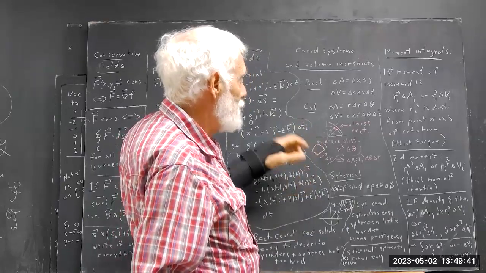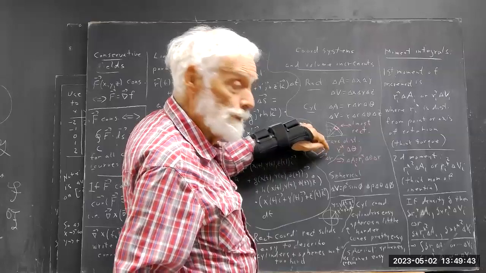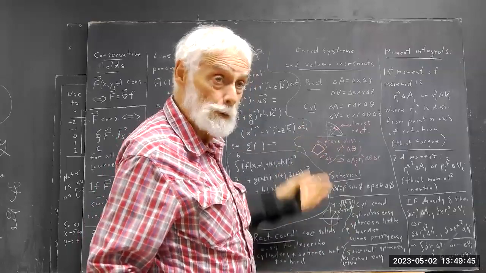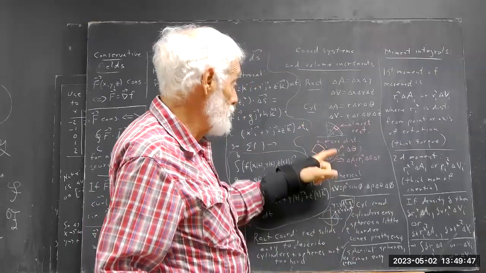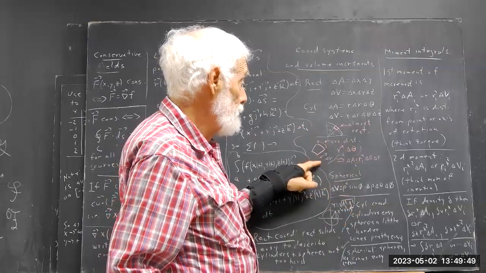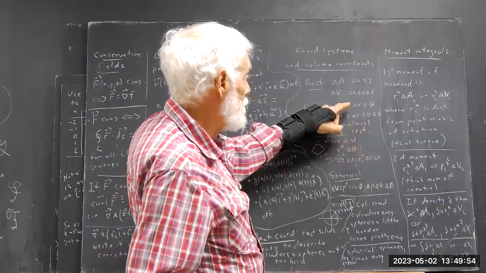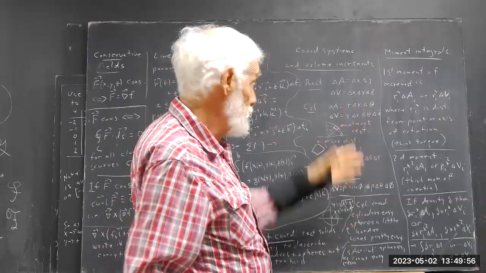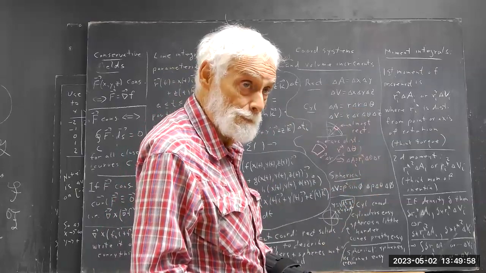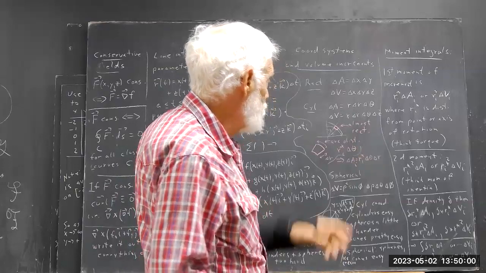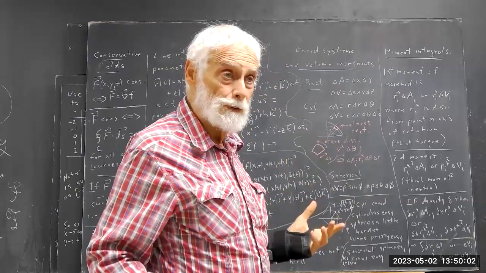And also, if delta theta is small, this becomes nearly a straight line, so you have nearly a rectangle with dimensions r i star delta theta by delta r. That's why you have r delta theta delta r.